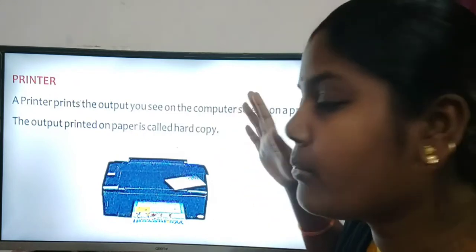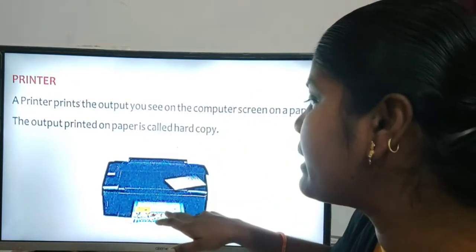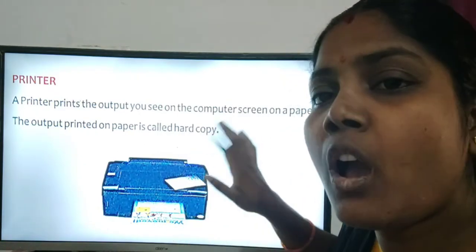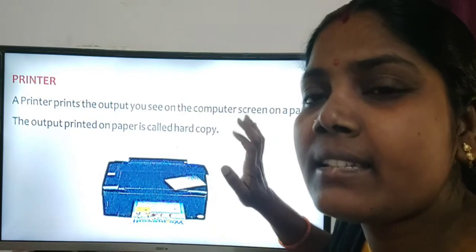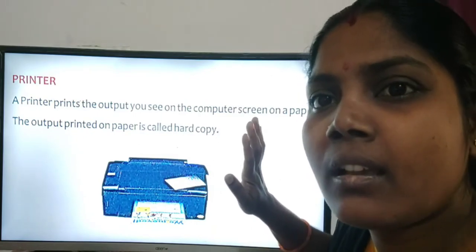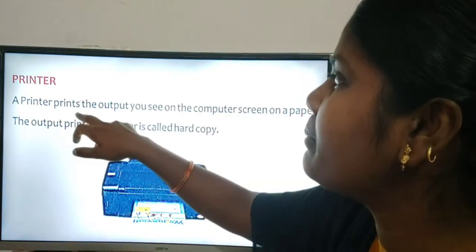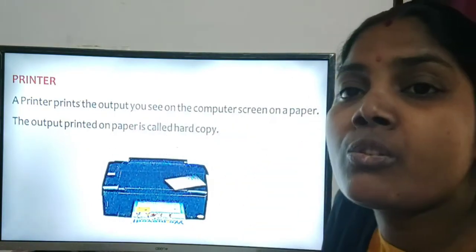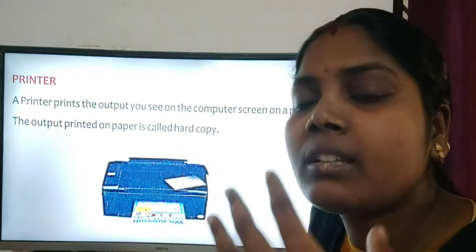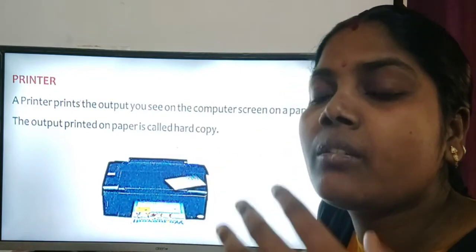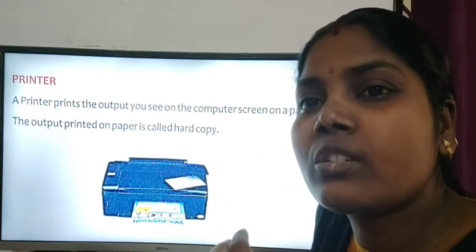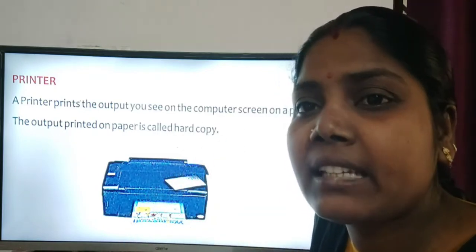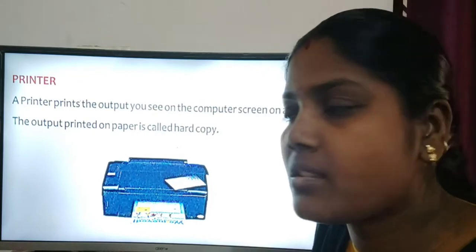So now we can take it from the printer, and see here in your picture, it comes as it is. A printer prints the output you see on the computer screen on paper. Whatever information or pictures we saw on the monitor, it gives directly on paper exactly, with no changes.